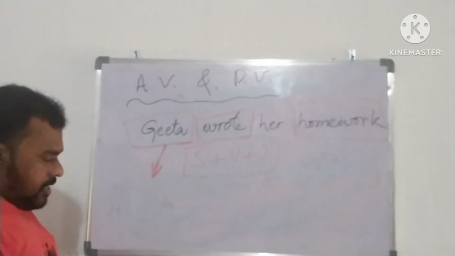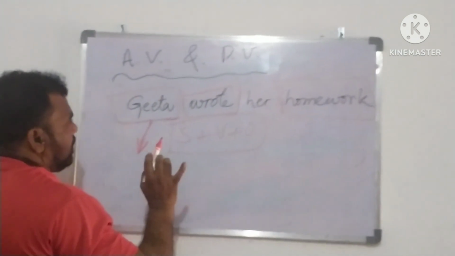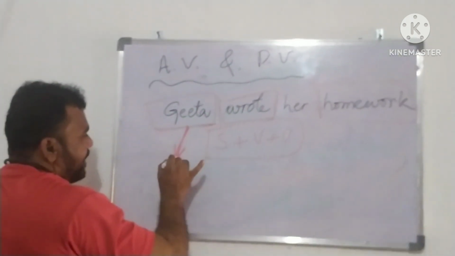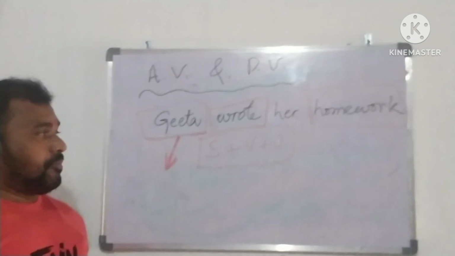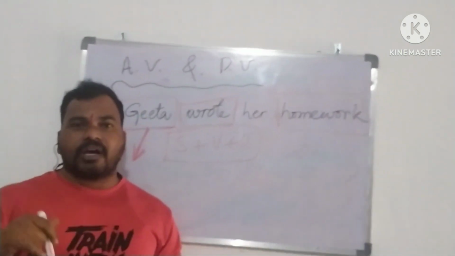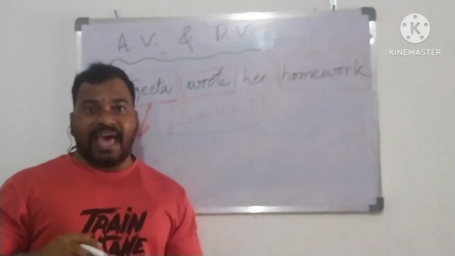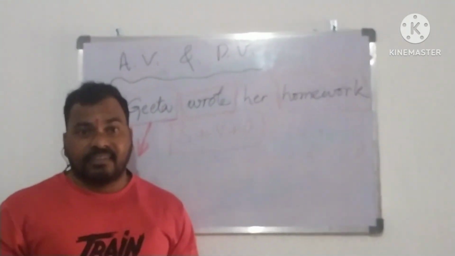Now I see here in active voice, the subject is given importance, but not the object. So here we are talking about the one who does the action, so it is called active voice.